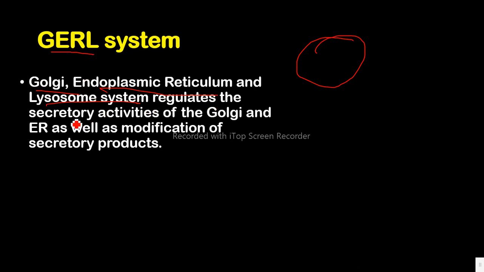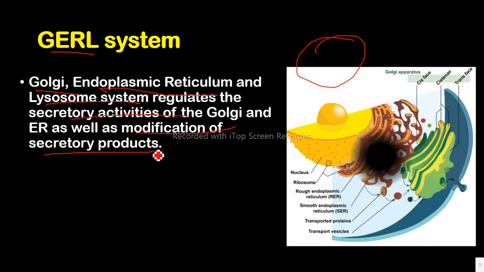This system regulates the secretory activity of the Golgi apparatus and the endoplasmic reticulum, as well as the modification of the secretory products. So if this is the nucleus, for you to move from here to the Golgi apparatus, you move through vesicles.